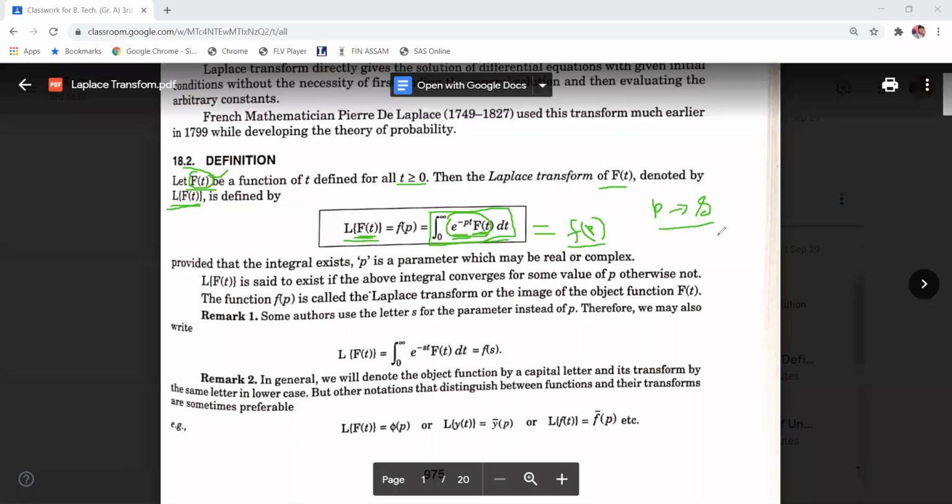Don't confuse with that. You can take another variable also, in place of p you can write u, whatever. But after integration, it will be a function of whatever variable you have considered. So you have to remember this definition while finding the Laplace transform, where p is the parameter.